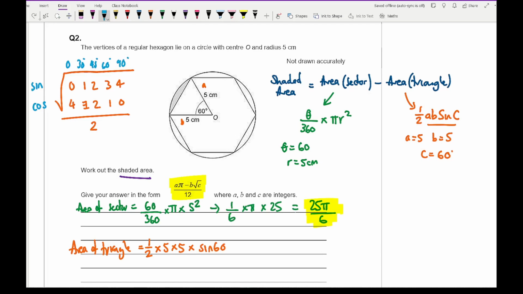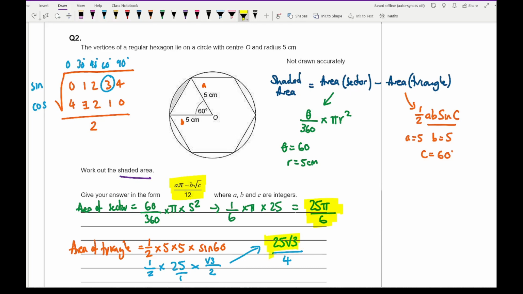For sine 60, I want this one here, so sine 60 is root 3 over 2. So this becomes a half times 25 times root 3, which as a fraction is 25 root 3 over 4.